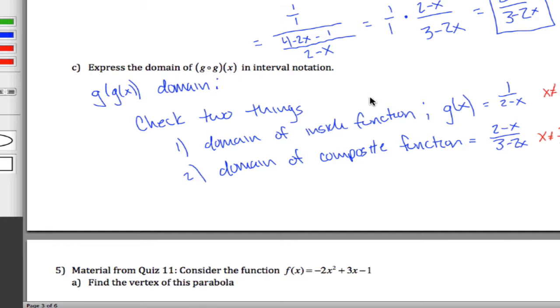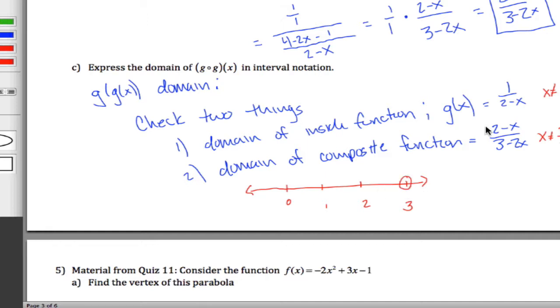So what I'm saying is the domain of this composite function includes all numbers on our number line, except for 2, this guy right here, and 3 halves. Gee, that's a horrible drawing. Let me try that again. So here's 0, there's 1, there's 2, there's 3.